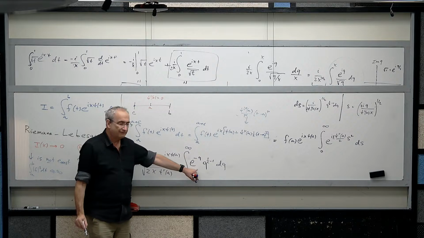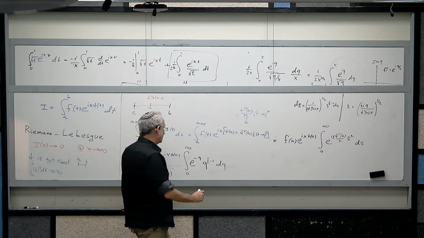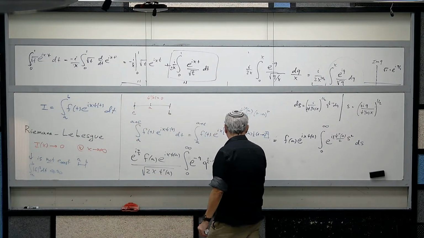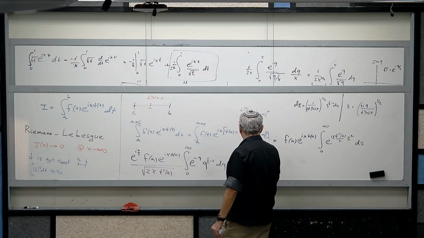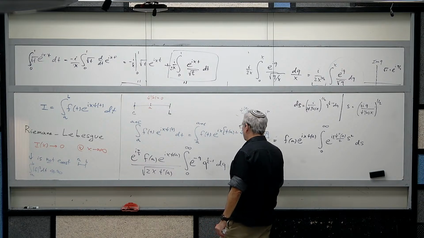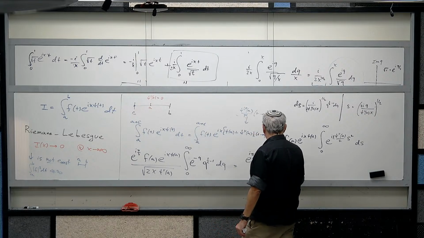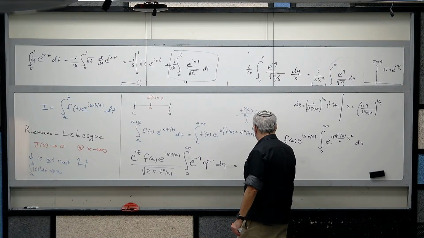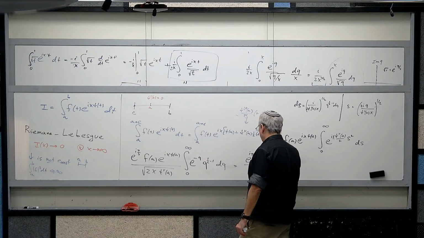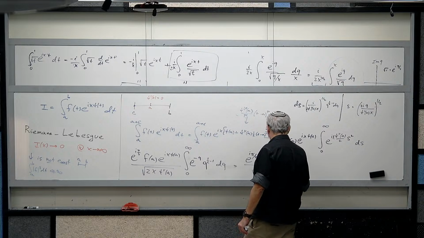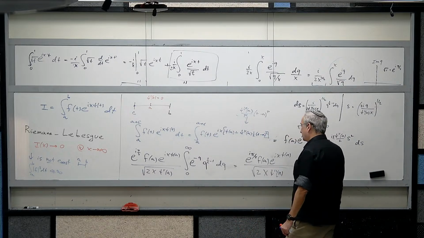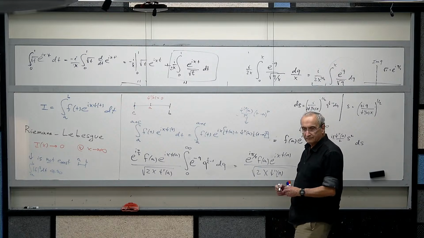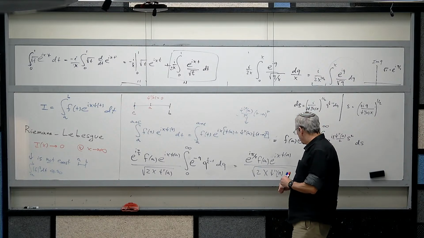So all in all, I have e to the i pi over 4 f of a e to the i x psi of a over square root of 2x psi double prime of a, times gamma of 1/2, which is square root of pi.